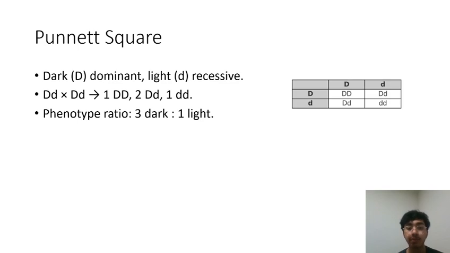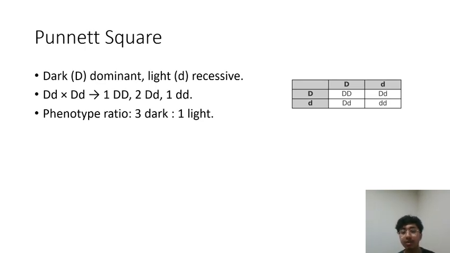And as per the Punnett square, let's look at how wing color is inherited. Dark color, capital D, is dominant and light color, small d, is recessive. If we cross two heterozygous moths together, that's capital D small d versus capital D small d, we get 25% dark moths, which is DD, 50% dark moths, which is also capital D small d, and 25% light moths, which is small d small d.